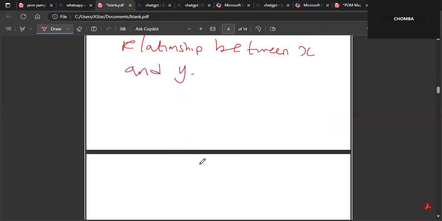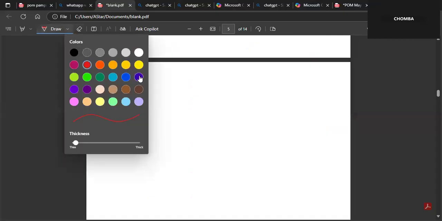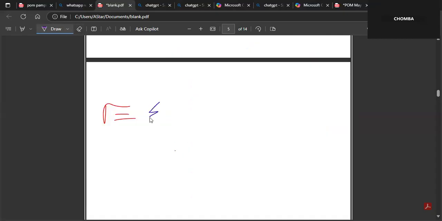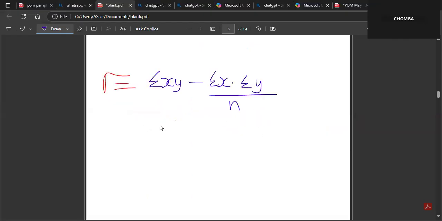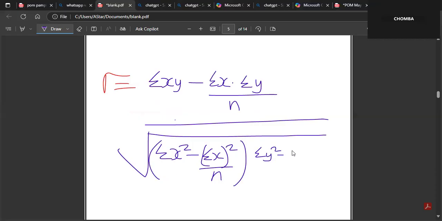So our R is calculated by summation of xy minus summation of x multiplied by summation of y over n, over the square root of summation of x square minus summation of x square over n, times the summation of y square minus summation of y square over n.